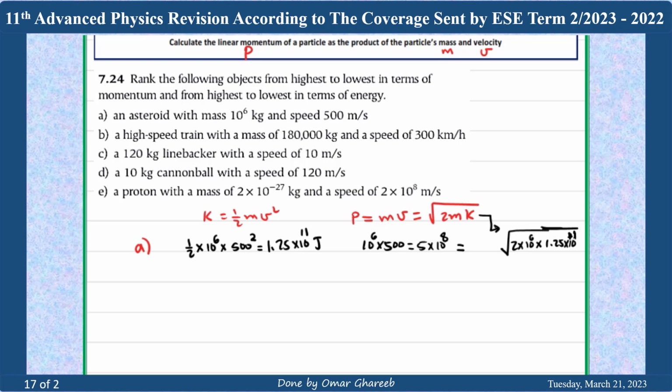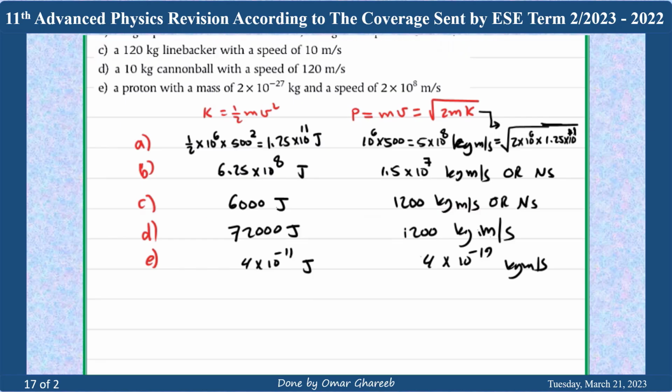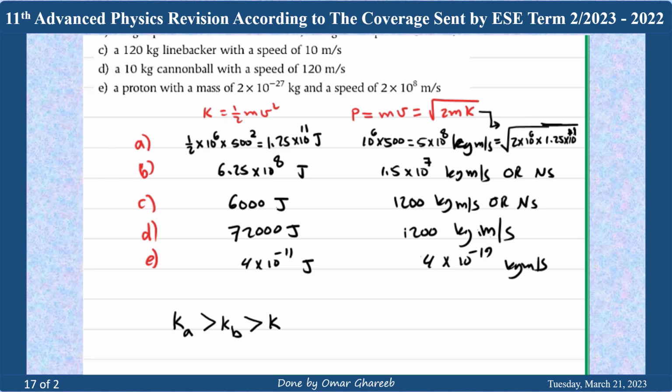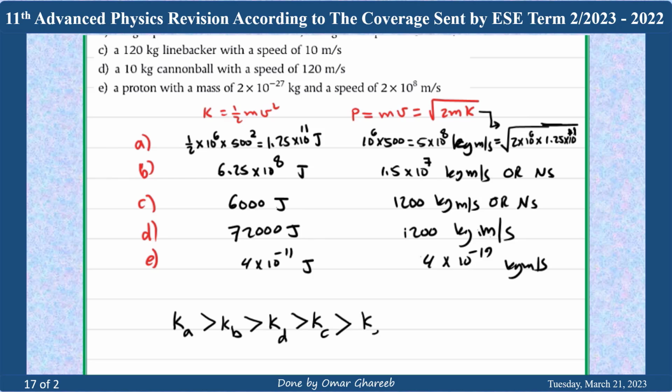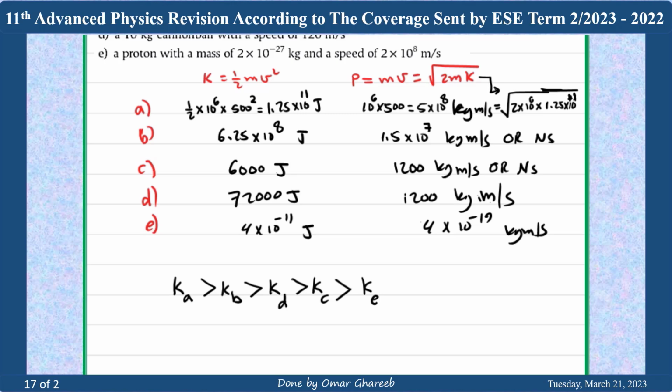Now the answers for the other cases. Ranking the kinetic energy, the kinetic energy of A is larger than the kinetic energy of B, which is larger than the kinetic energy of D. Then we have the kinetic energy of C, and at last the smallest one is the kinetic energy of situation A. Now for the momentum, first we have a momentum of 10 to the power 8, which is for the first one.